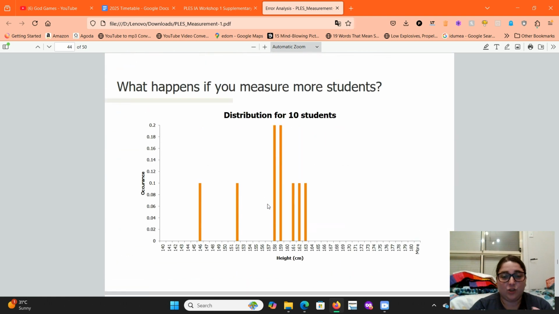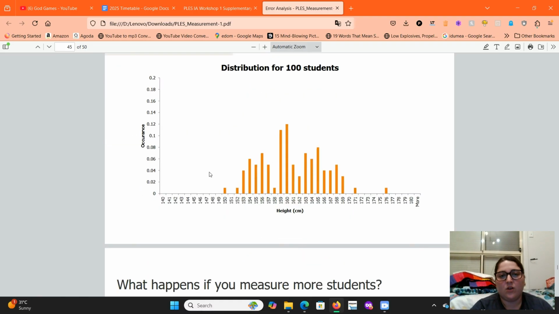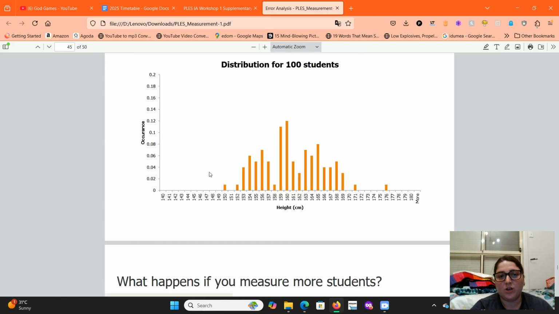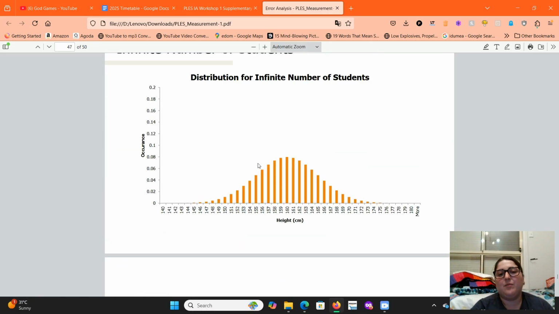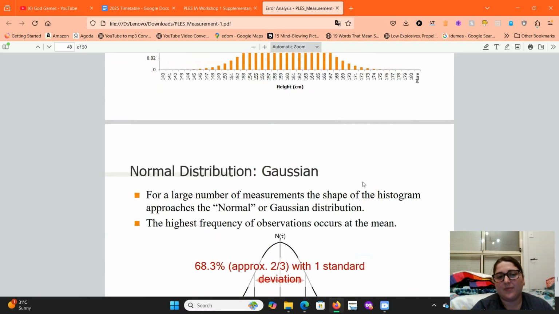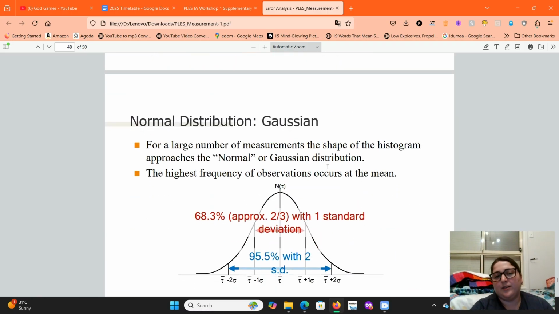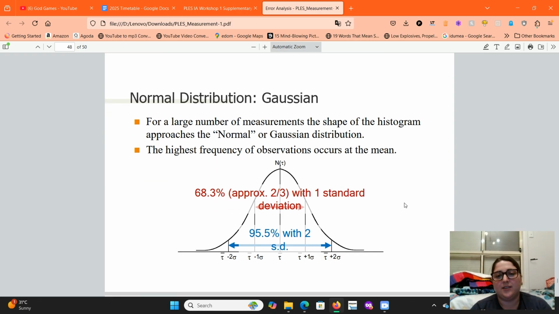Alright, and now we're looking at distributions. So the more things you measure and get a distribution for, the more likely you're going to end up with a lovely bell curve, or a normal distribution, Gaussian. So for a large number of measurements, the shape of the histogram approaches the normal or Gaussian distribution.